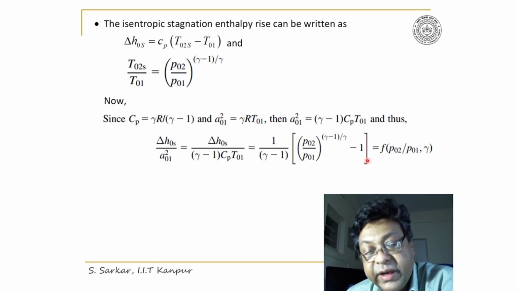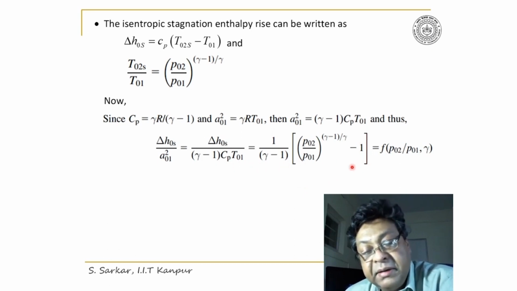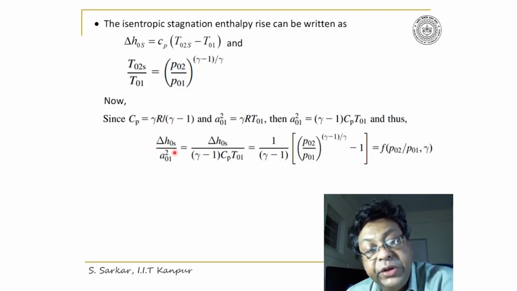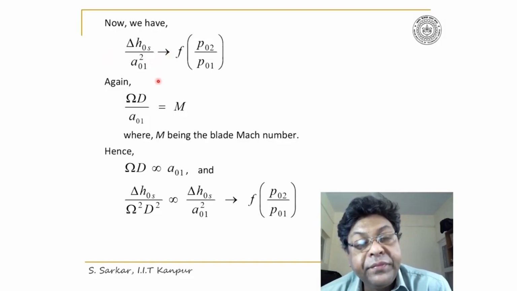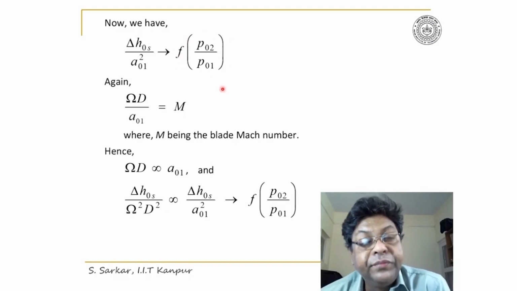Please follow this expression. And then I can conclude that del H0s by A01 square is a function of P02 by P01 and gamma, where P02 by P01 is the pressure ratio of the machine.